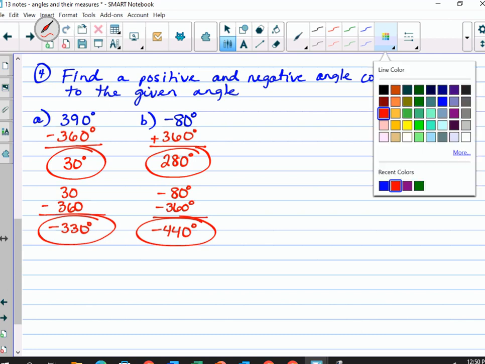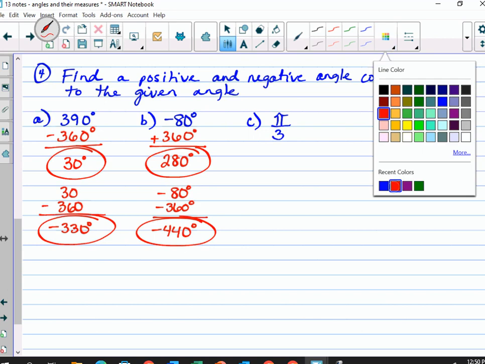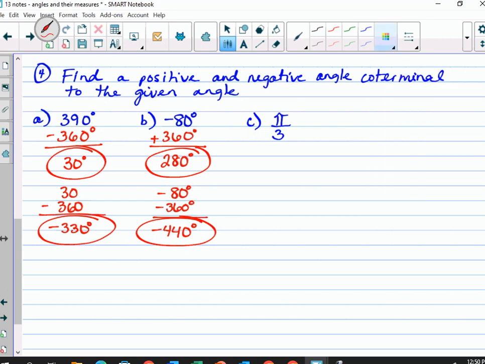Okay? We got it with degrees? Let's try it with radians. All right, let's say the angle I give you is pi over 3. What are we going to add or subtract this time? 2 pi.